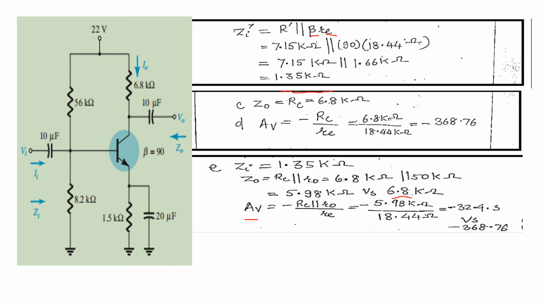It is RC parallel R0 upon Re, which is 324.3, of course with a negative value.